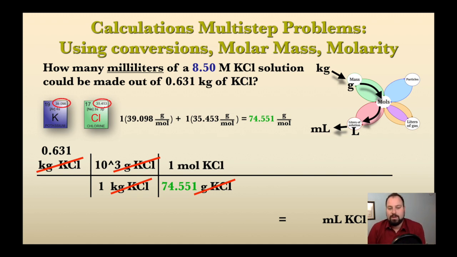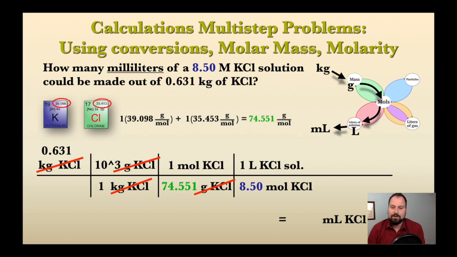And so in the case of moles, we're going from moles to liters. What converts from moles to liters? Well, that's the molarity, right? And molarity in this case is 8.5 moles per liter. And so we want the 8.5 moles on the bottom, and 1 liter of potassium chloride solution on the top.